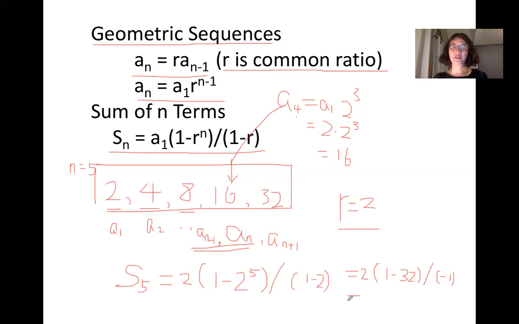So negative 31 times 2 becomes negative 62, divided by negative 1. The final result is 62. You can verify: you add all these numbers together, it should equal 62.